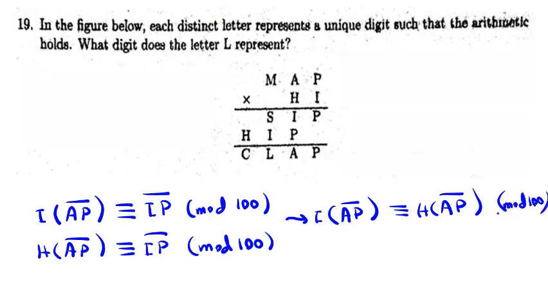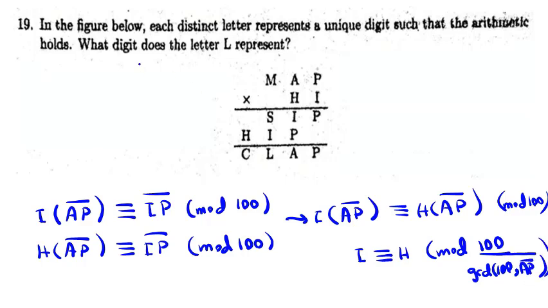If you have any problem, as I said before, feel free to send a message to my WhatsApp number in the description and comments. Now, we divide both sides by AP, but we should change the mod to what? I is congruent to H mod 100 over GCD of 100 and AP.